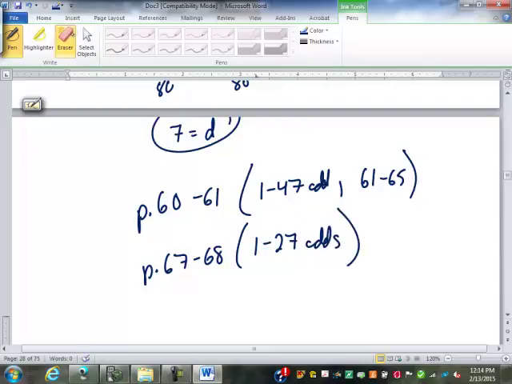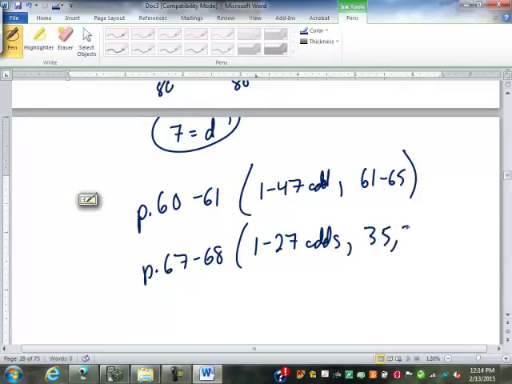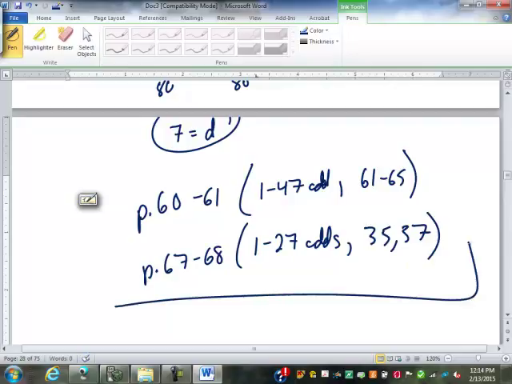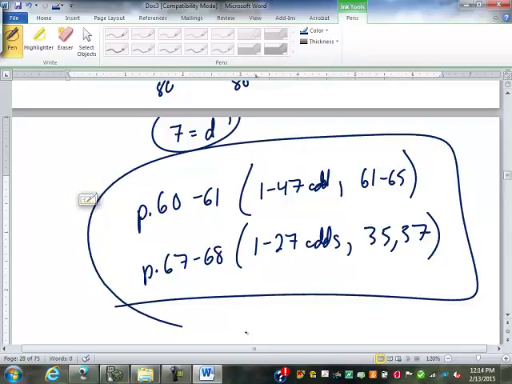And also, I forgot to list them there, on those I'd like you to look at number 35 and 37 as well. So that'll give you pretty good practice with manipulating the equations and solving more difficult equations. I realize most of you have had algebra and probably algebra 2, so you're probably pretty familiar with it.